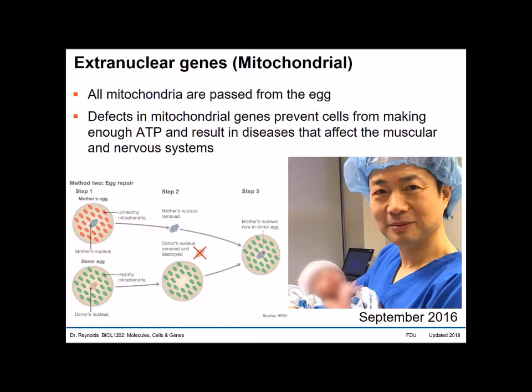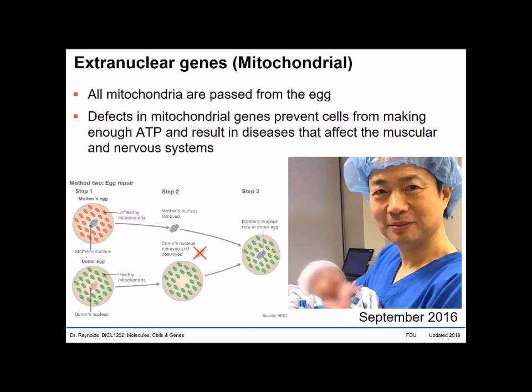Since the mitochondria are carried in the cytoplasm, all mitochondrial genes in that baby come from the mom. Since mitochondria don't carry a whole lot of genes, it's not a major component, but since the mitochondria are responsible for producing all the ATP for that baby, those mitochondria are extremely important.